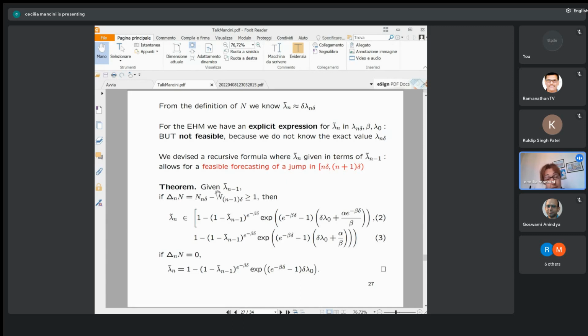In this way, given lambda tilde n minus 1, if there was at least one jump in the interval from n minus 1 delta to n delta, then the conditional probability of having one jump in the next interval from n delta to n plus 1 delta is within this interval.